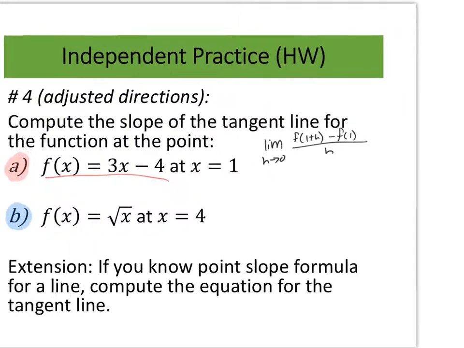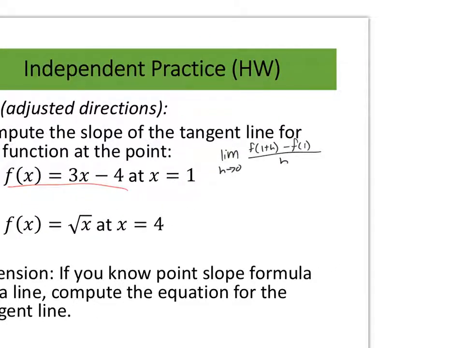And I'm starting to not use the formula as much anymore because we should be starting to master it. So the limit as h approaches 0 of 3x, well, x is 1 plus h, minus 4. This stuff in blue is the same as this stuff here.